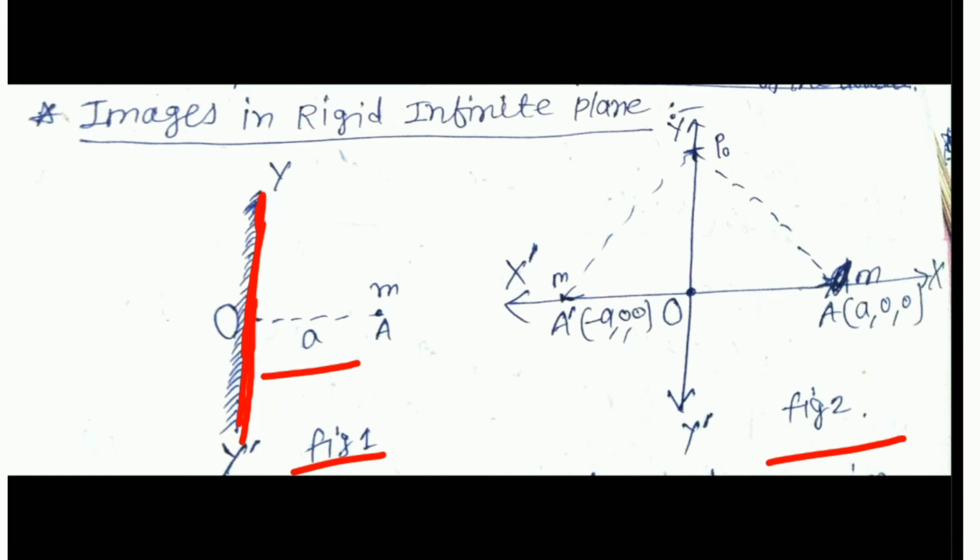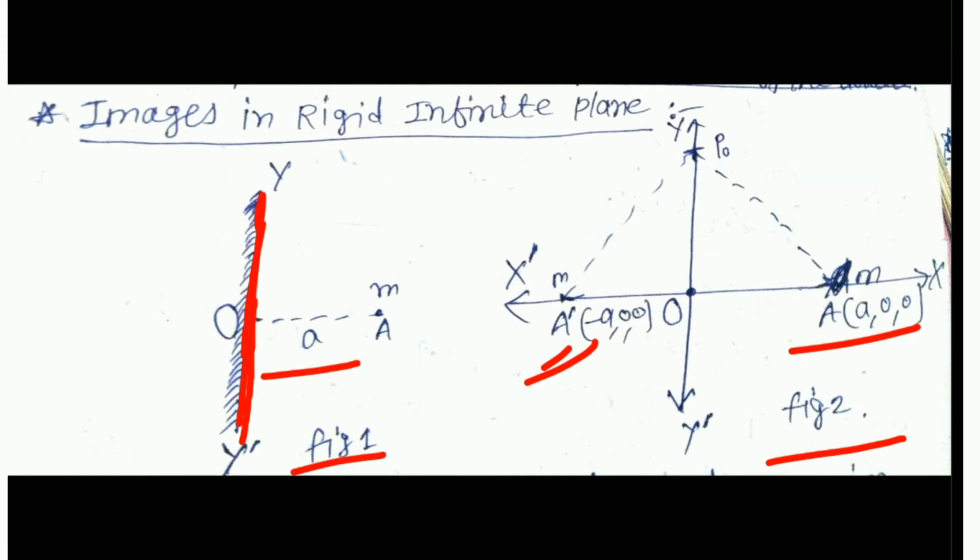We first show that the appropriate image system for this is an equal source at this A dash, the optic image of A in the plane.